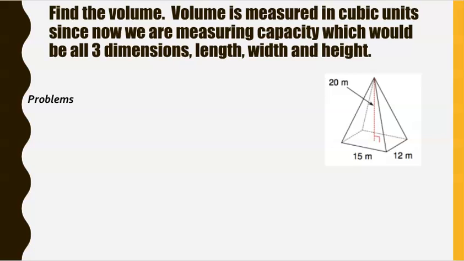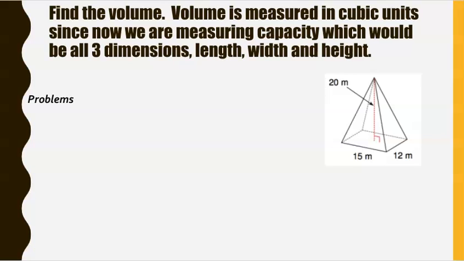So if you have previously derived the formula for the volume of a pyramid versus the volume of a prism, that could really help you. So remember, the volume of a rectangular prism is just length times width times height, or the area of the base times the height for any prism.